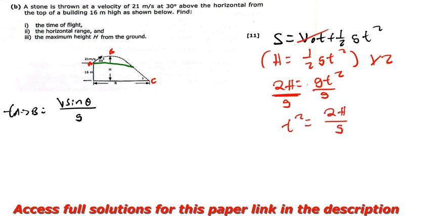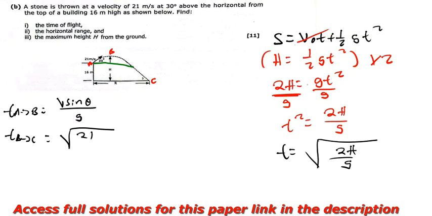I can get the square root, so t will be equal to the square root of 2h divided by g. So this is now t from B to C, being equal to the square root of 2h divided by g. This h is the maximum height from the top all the way to the ground.